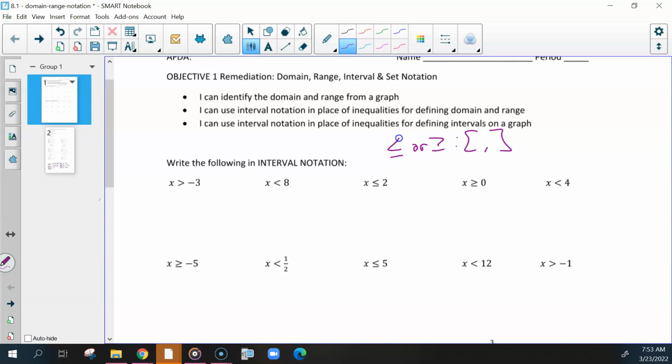If we have strictly less than or strictly greater than symbols, these are going to give us parentheses. And if we need to go to positive or negative infinity, we're always going to be using parentheses.